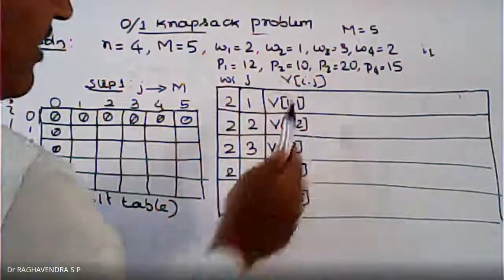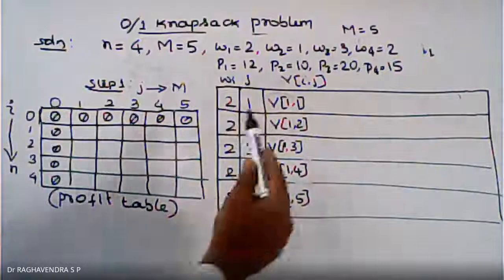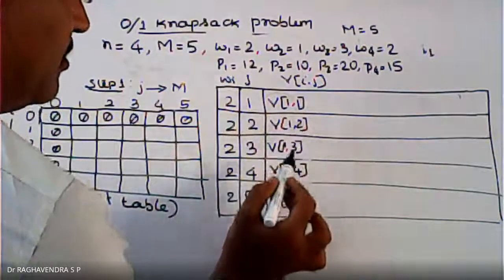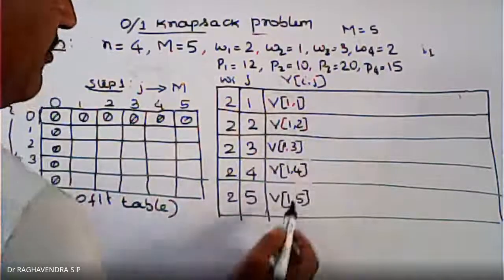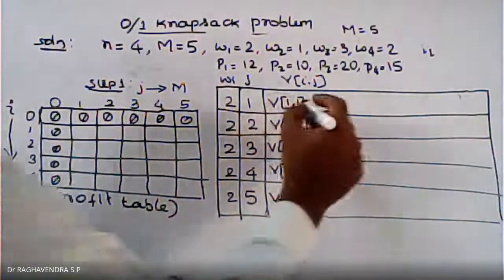So we have item 1 with remaining capacity 1, 2, 3, 4, and 5. For all these we have to find the values.